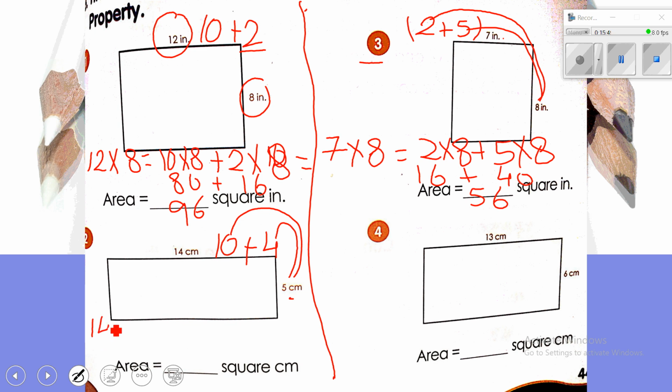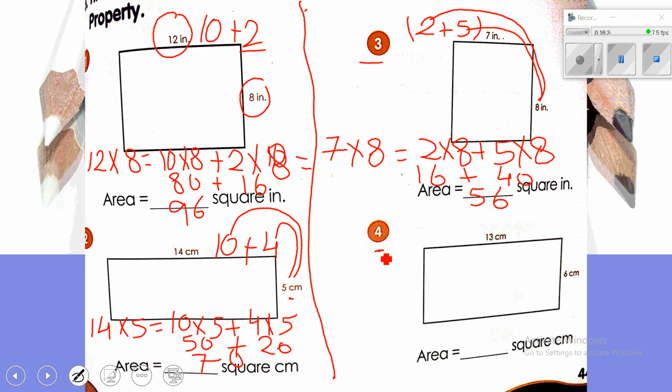So 14 multiplied by 5 equals 10 multiplied by 5 plus 4 multiplied by 5. 10 multiplied by 5 is 50 plus 4 multiplied by 5 is 20. 50 and 20, the answer is 70.